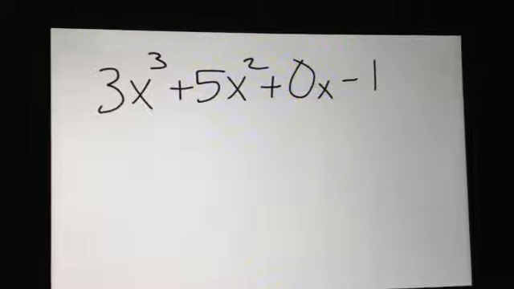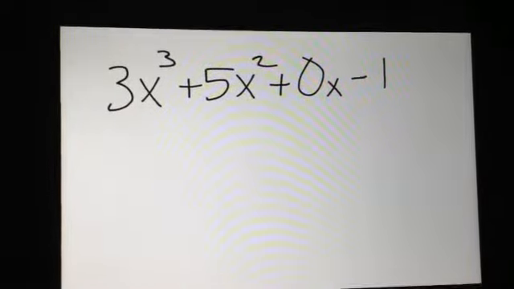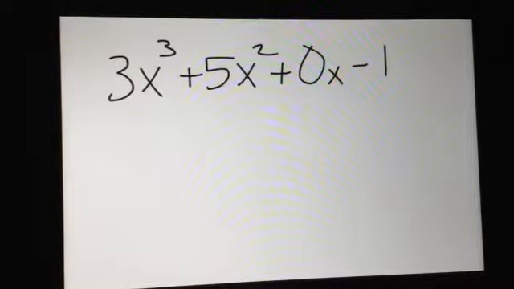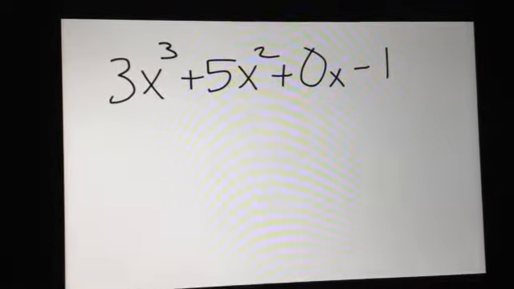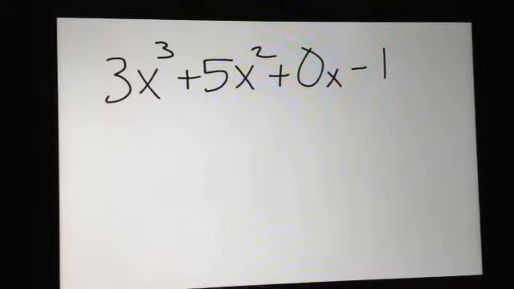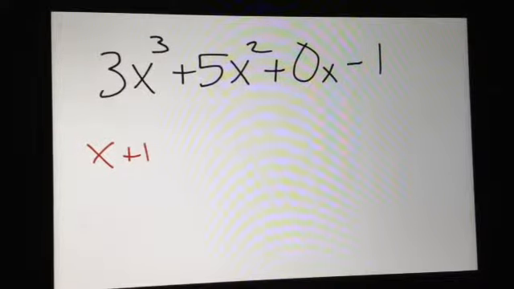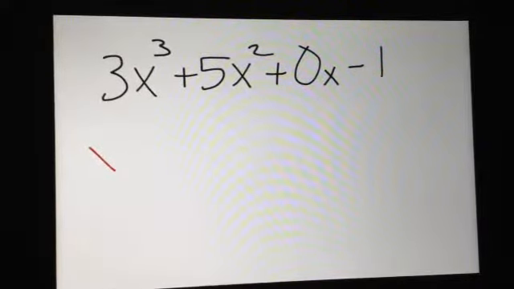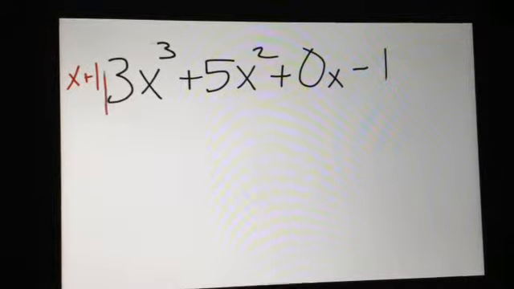Now the second way to factor a 4-term function would be long division. Usually when you have to divide a 4-term function, you have an x-intercept, and this has an x-intercept of x plus 1. So we're going to put that right here, and you just divide it by the x-intercept.